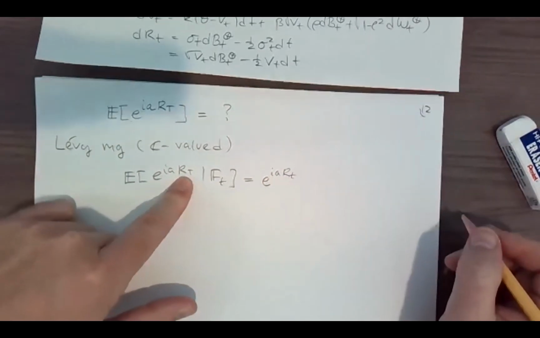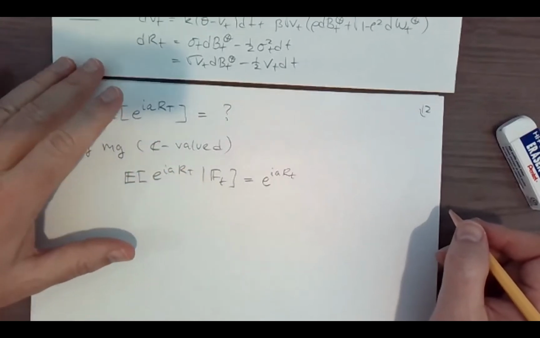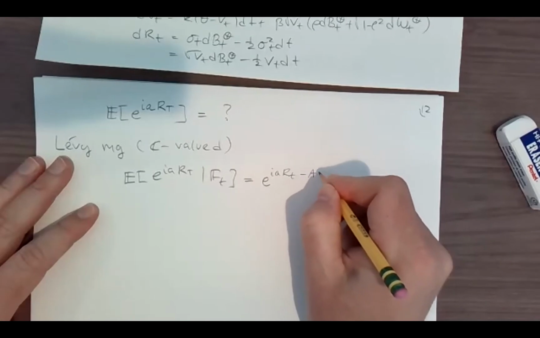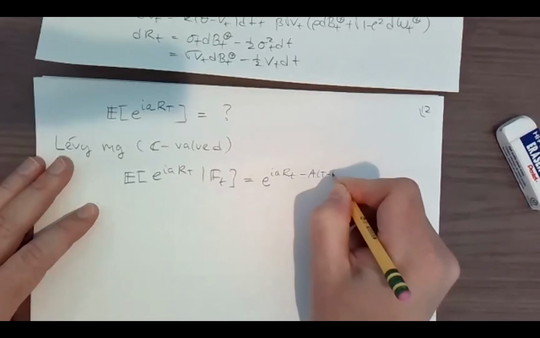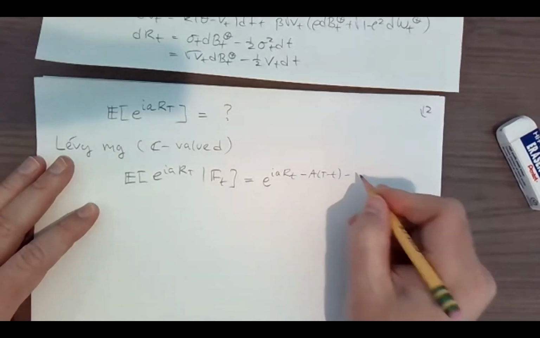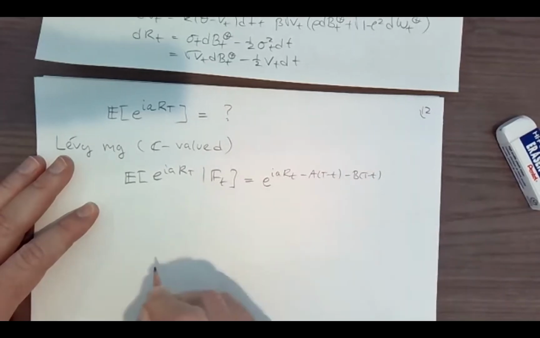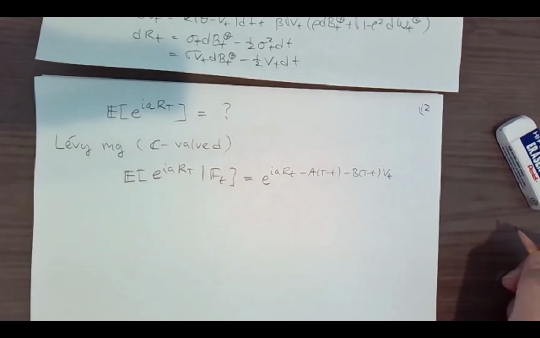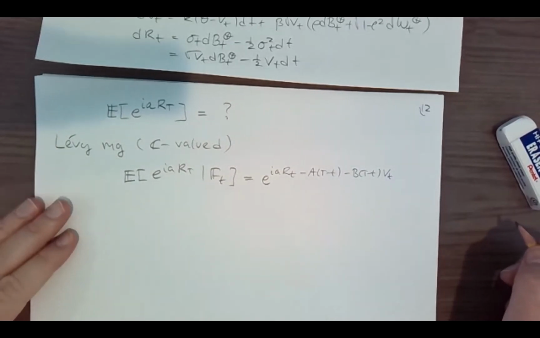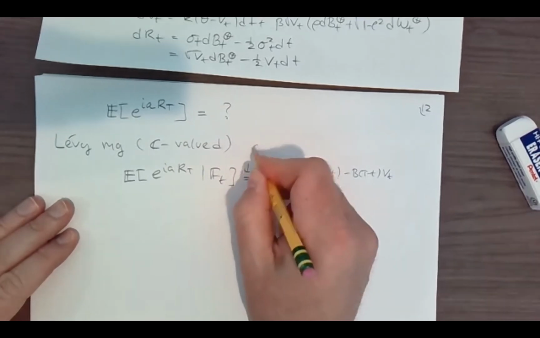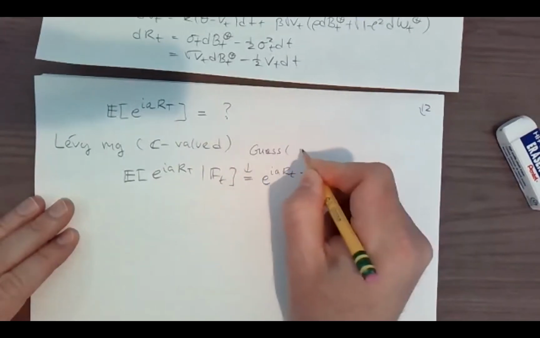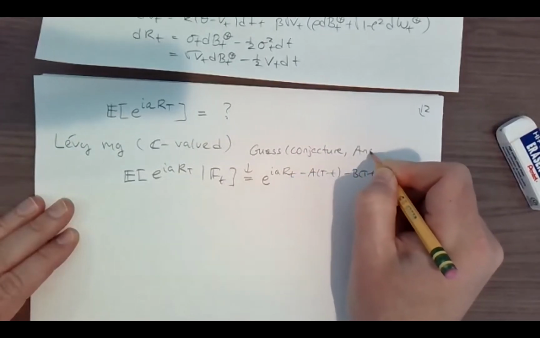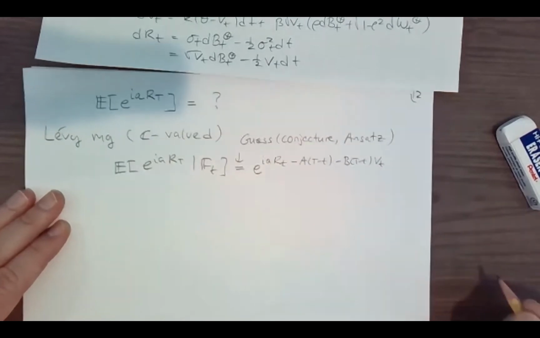But then I know that R is not Markov, right? We also have to keep track of V. So let me put in some deterministic functions. Let me say A of capital T minus t, minus B of capital T minus t, times my V. So this is our guess. Sometimes people call this a conjecture. And Germans call this one Ansatz.